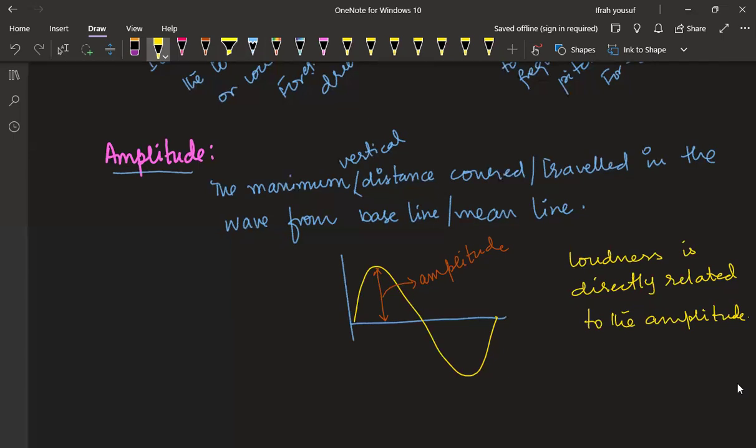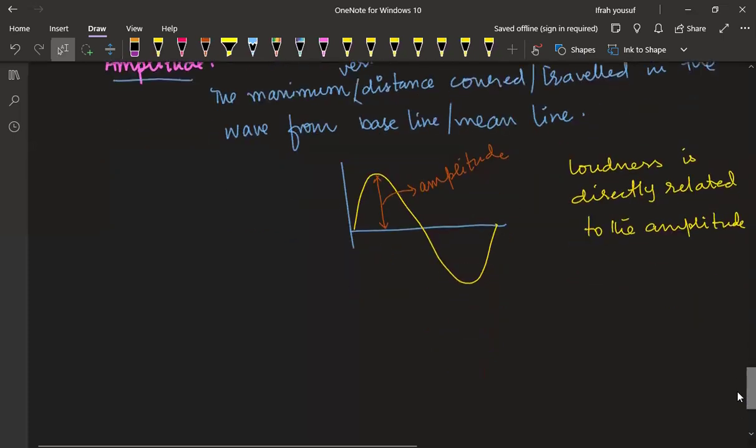If there is high amplitude, then what will you decide about the loudness? Beta, if there is a high amplitude in the wave, then what will you say about the loudness? Then the sound is louder. Okay, the sound will be louder.